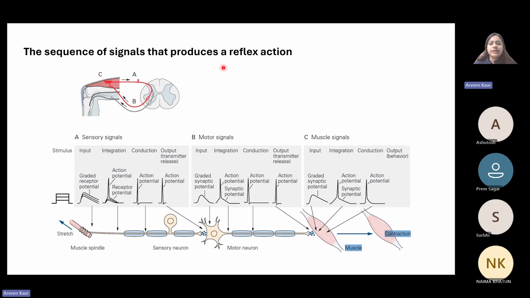So, it is basically an action that is produced in a fraction of a second, wherein the response directly happens with the communication through the spinal cord, and this information that calls for this response doesn't get transferred to the brain itself. Because it is probably a situation that requires a quick action, right?